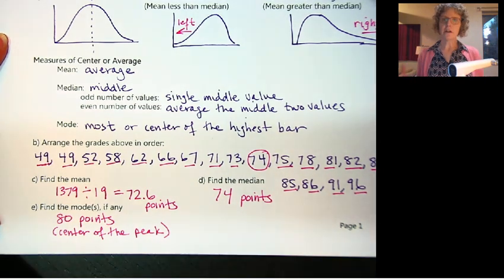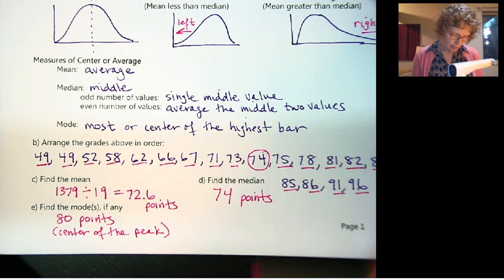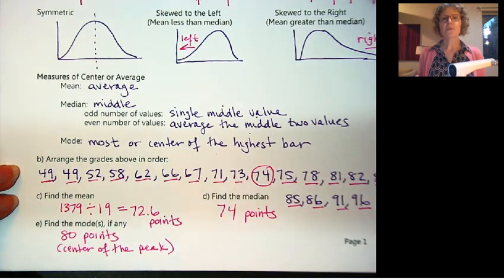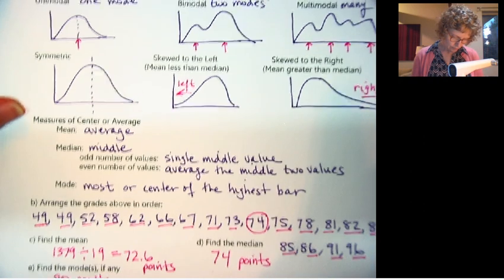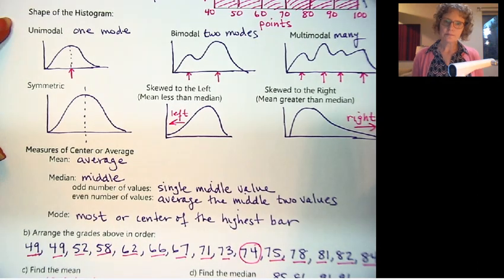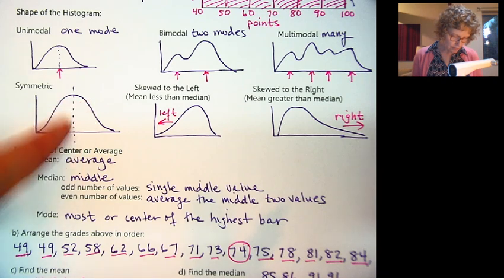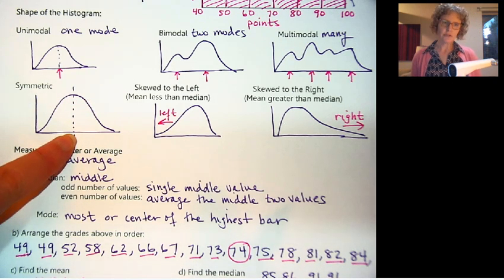Okay, so we've got our mean, median, and mode. And the way these numbers come out will also tell us something about the shape. So I want to go back and do a little bit more about shape here in this video. Okay, so this histogram here, this distribution is symmetric.